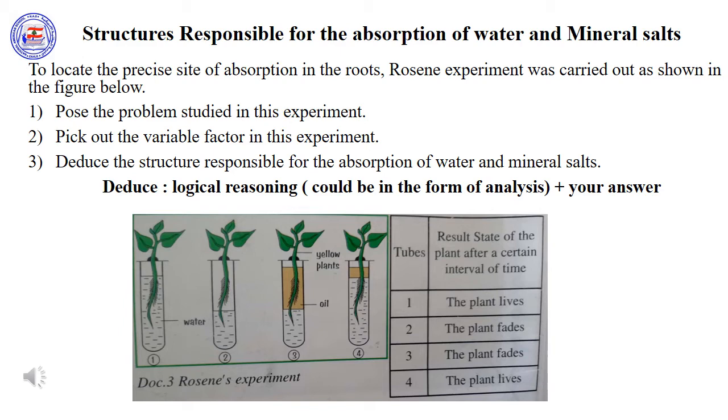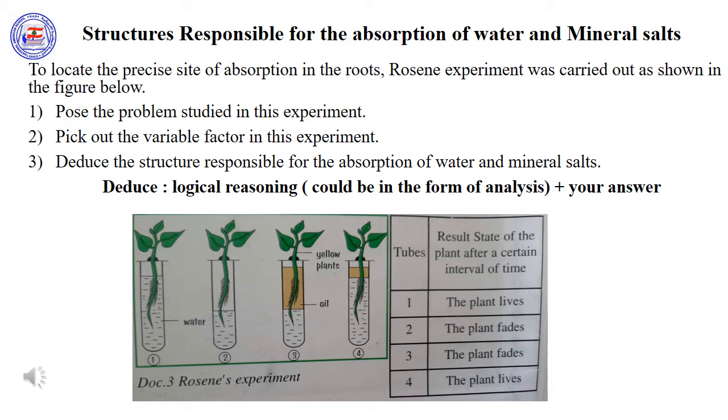Number 3. Deduce the structure responsible for the absorption of water and mineral salts. When you are asked to deduce, you must start by logical reasoning, then you state your answer. In this experiment, the logical reasoning could be in the form of analysis because we have a variable factor and results. I will answer.